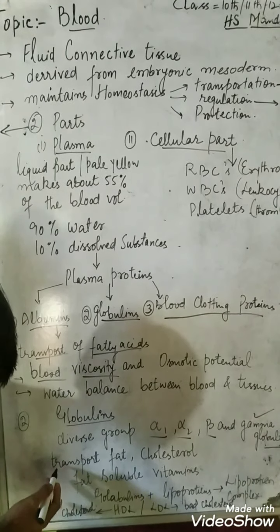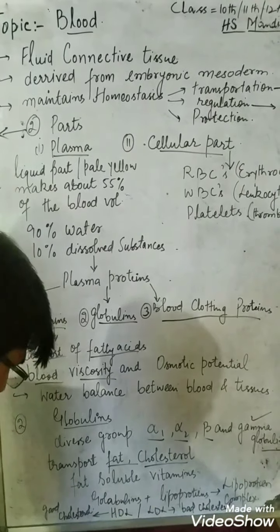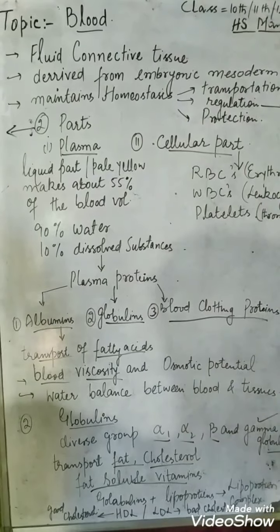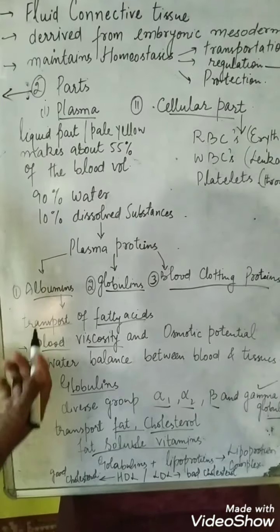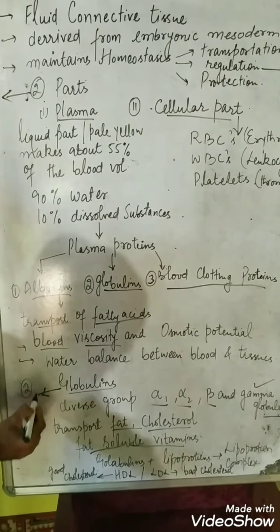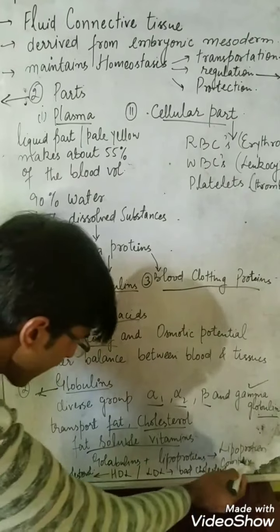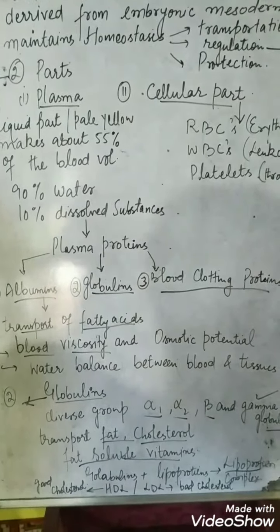These globulins are responsible for the transport of fat or cholesterol and the fat soluble vitamins. And once the fat molecules or lipid molecules get attached with these globulin proteins, they form a complex called the lipoprotein complex. Now, there are two types of lipoprotein complexes formed in the blood.